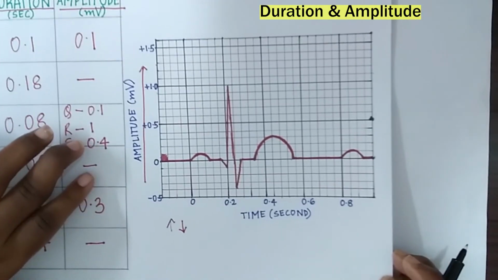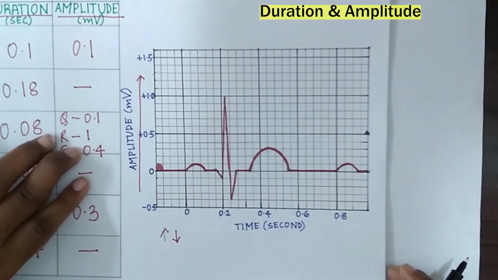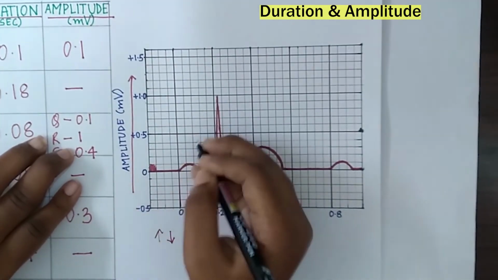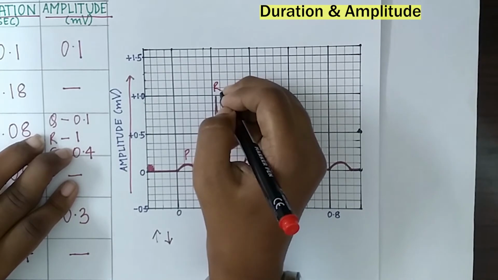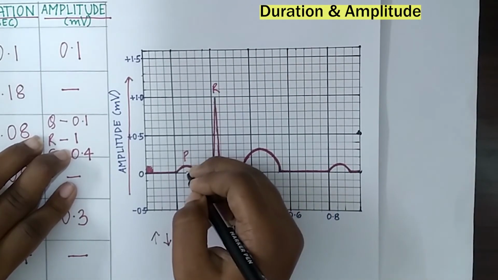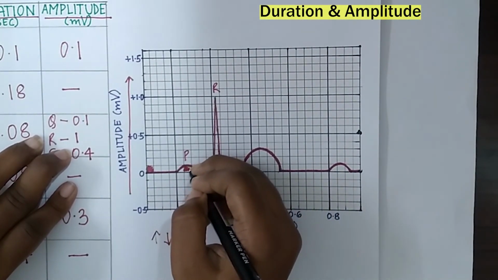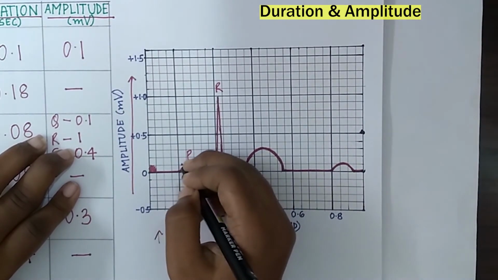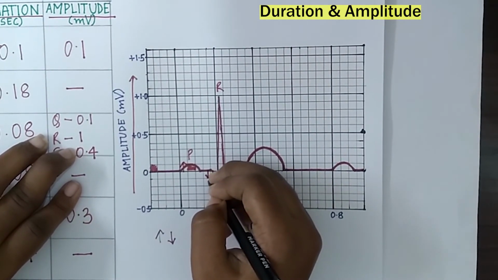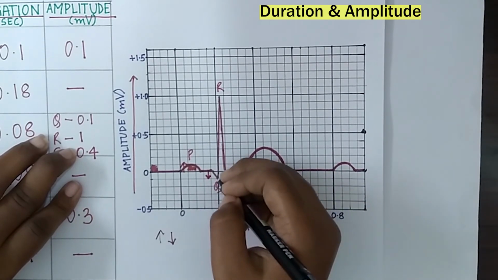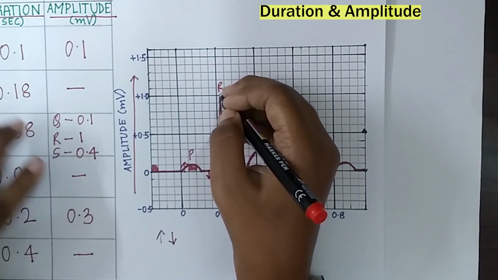So here I have tried to make an exact graphical representation of normal ECG. So let's see the amplitude. So the P wave we have 0.1. So a small box is 0.1. So this is P wave. Then Q wave is going negative 0.1. Then R wave, the amplitude is 1.